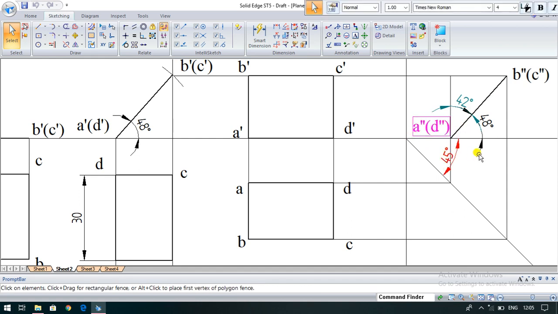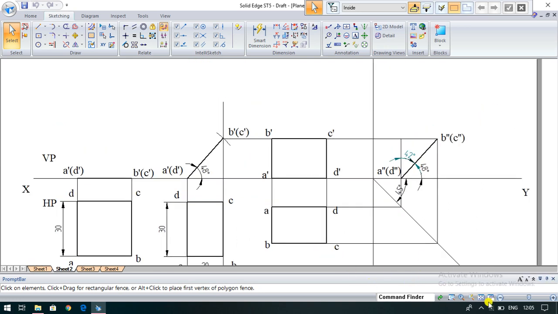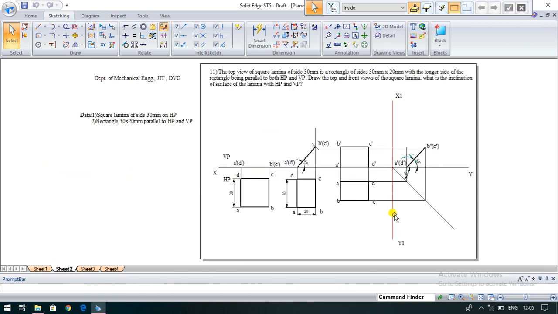These are the required projections of the plane. So ultimately we got the inclination to VP as 42 degrees and inclination to HP as 48 degrees. So now we complete the second problem, problem 11.